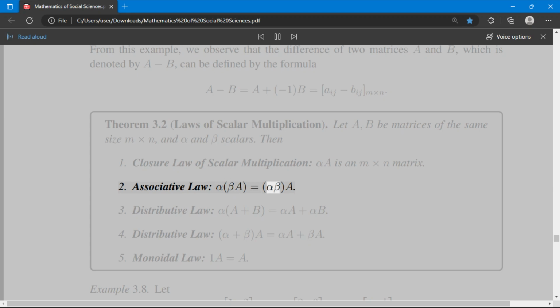Associative law: alpha(beta A) equals (alpha beta)A. 3. Distributive law: alpha(A plus B) equals alpha A plus alpha B. 4. Distributive law: (alpha plus beta)A equals alpha A plus beta A. 5. Monoidal law: 1A equals A.